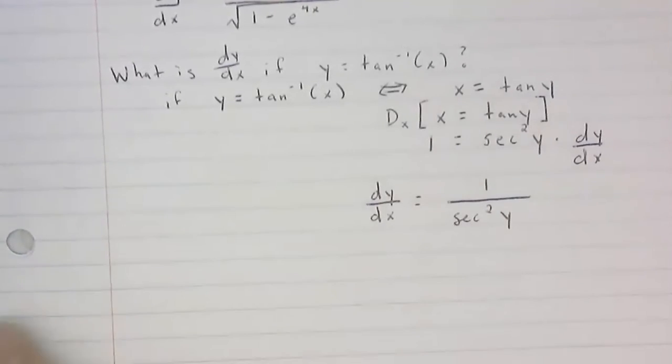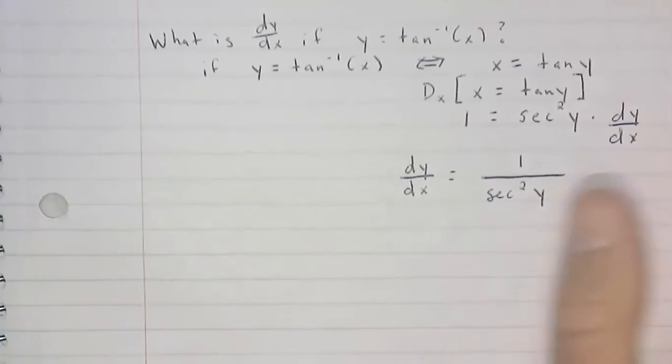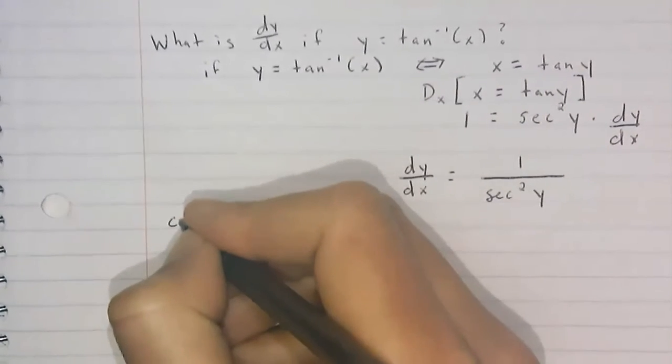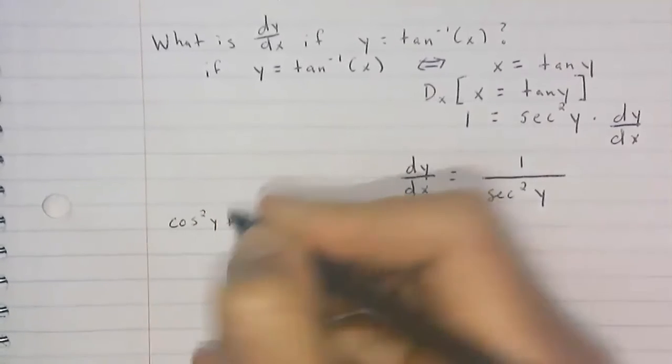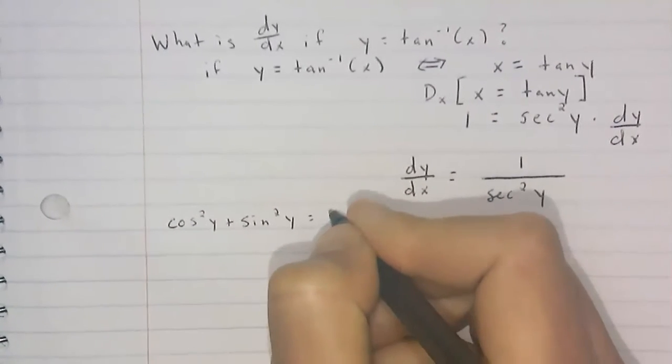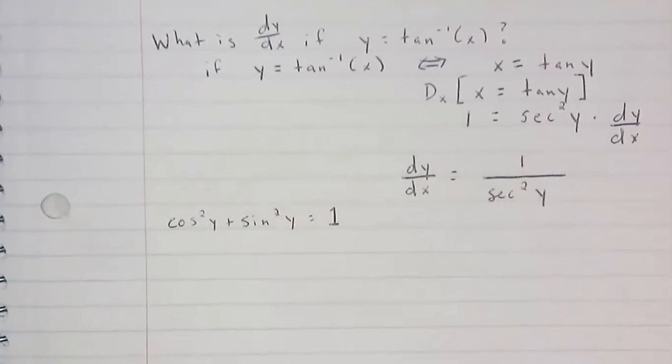Well, luckily, Pythagoras still holds court here, because this cosine squared y plus sine squared y equals 1 can be remaneuvered in ways that are helpful to us.